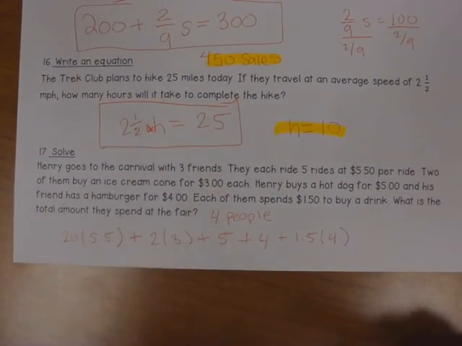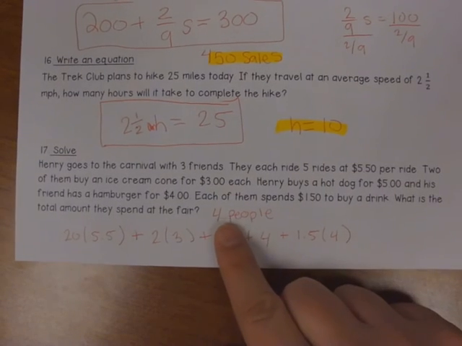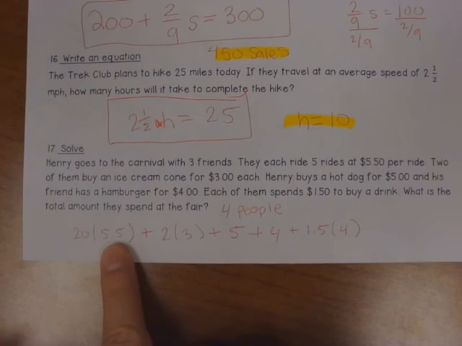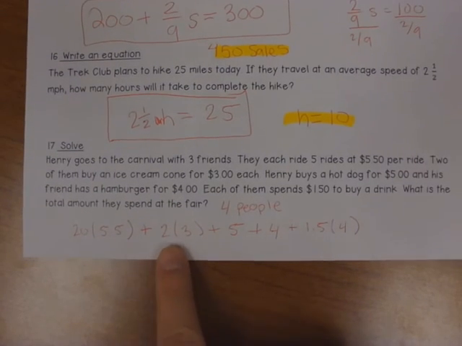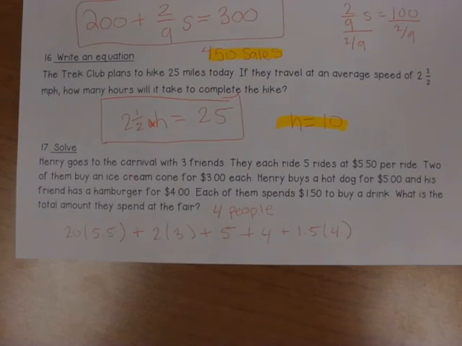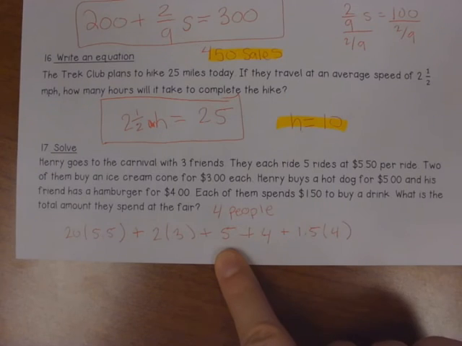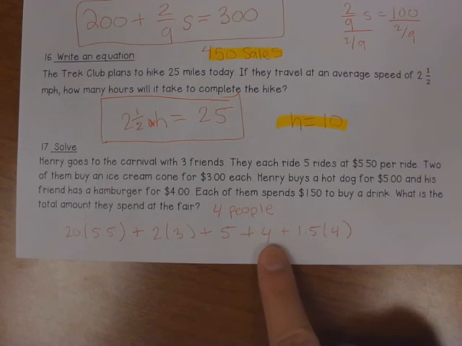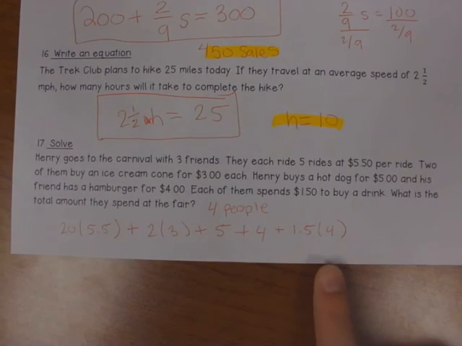17. Henry goes to a carnival with 3 friends. That means there's 4 people here. They each ride 5 rides, which means there's 20 rides total, times the cost per ride. 2 of them buy ice cream for $3. Henry, which is 1 person, buys a hot dog for $5. And one of his friends buys a hamburger for $4, and then all of them spend $1.50 on drinks.